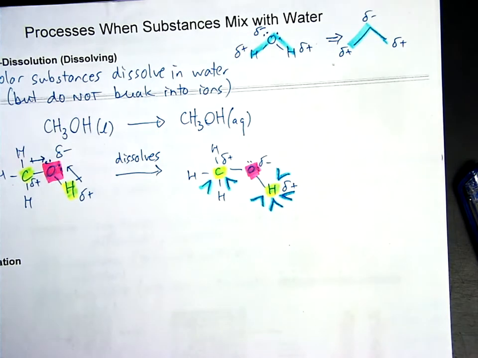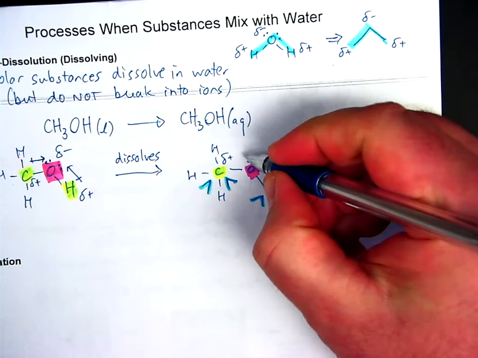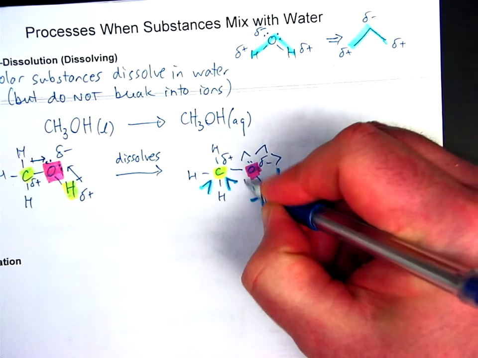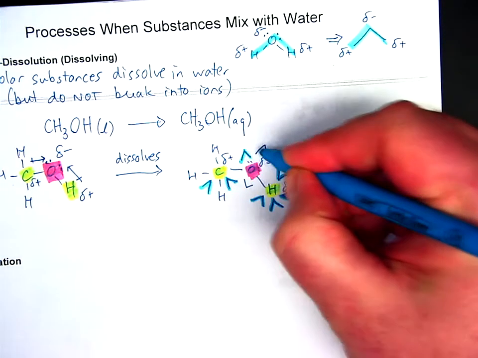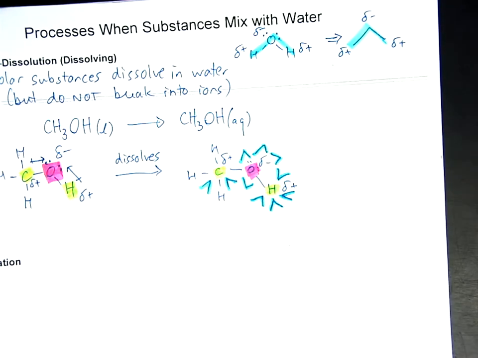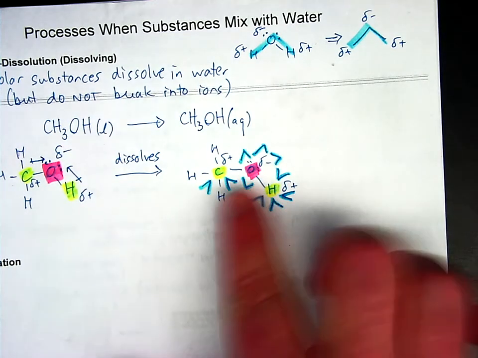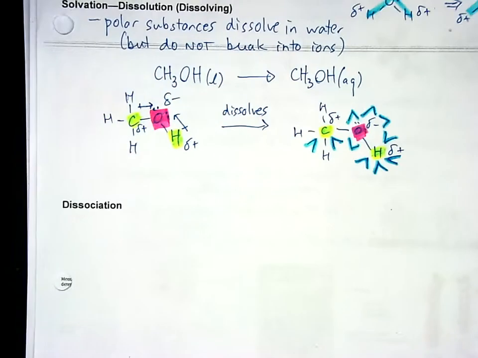And then around the oxygen, the positive ends of the water molecules are attracted to it and surrounding it. Because of this interaction, we end up forming a solution, a mixture, because these particles can now start fitting in between the water particles.